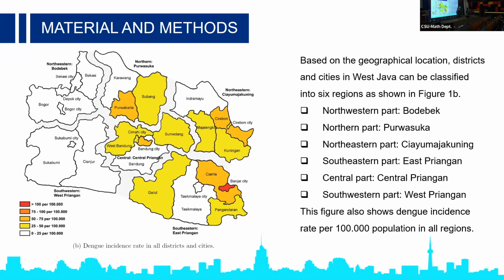This is all the places of our 27 cities and districts, and we divide them into 6 areas.